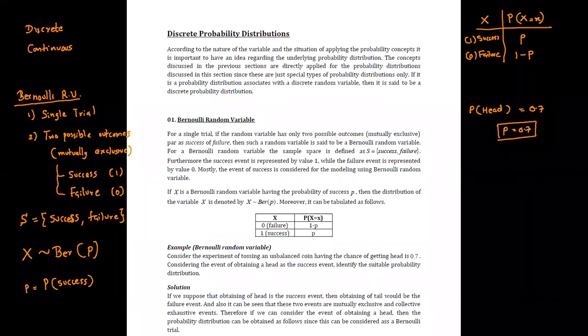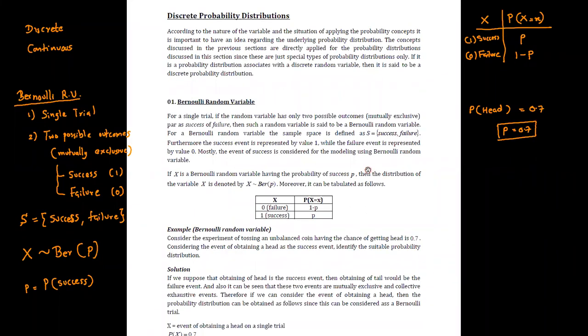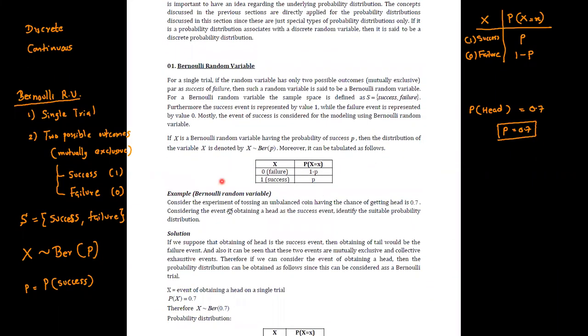Now, how can we model this? The solution is given here. Suppose that obtaining a head is the success event, then obtaining a tail would be the failure event. First, we have identified what the success event is and what the failure event is. And according to this example, if we are performing this experiment, head and tail both cannot occur at the same time.